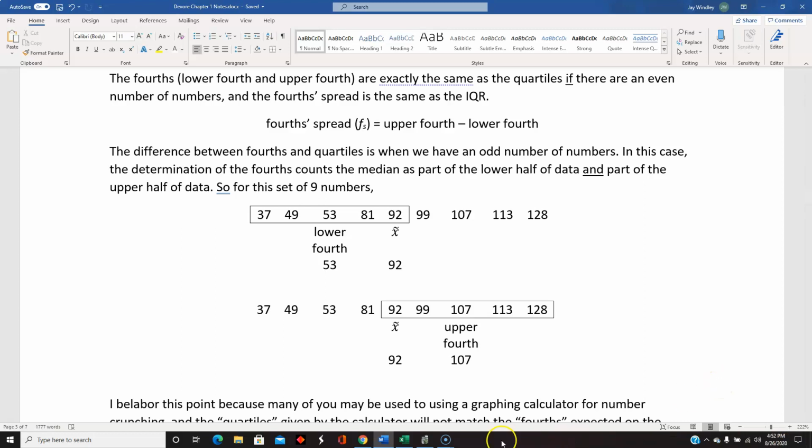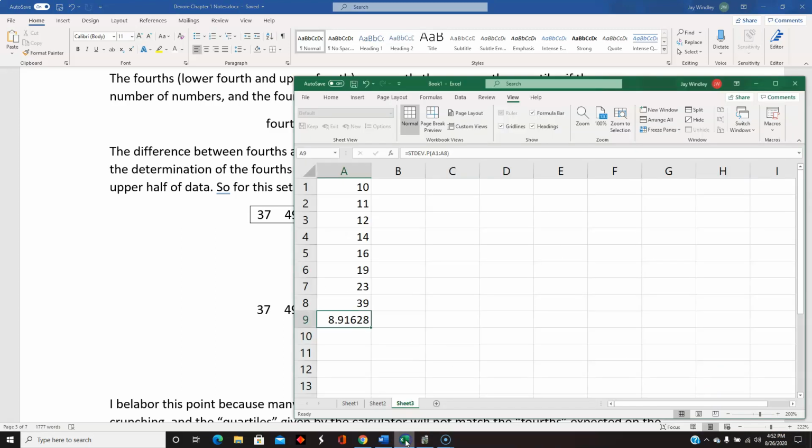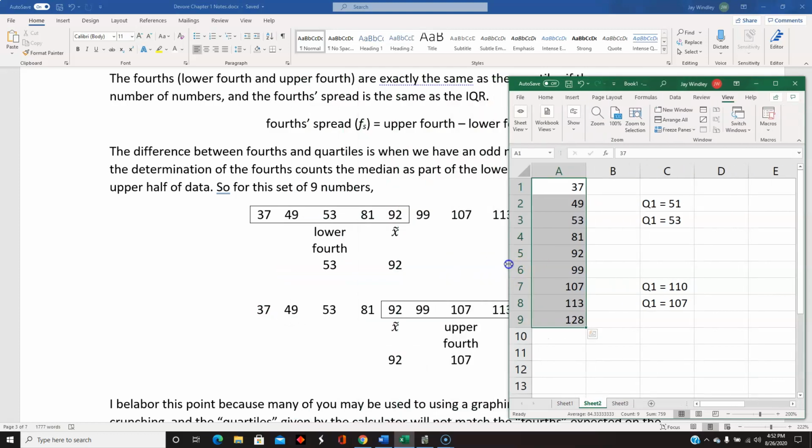By the way, if we use something like Microsoft Excel, here's these same 9 numbers in Microsoft Excel. Microsoft Excel gives us 2 different ways of determining the quartiles.